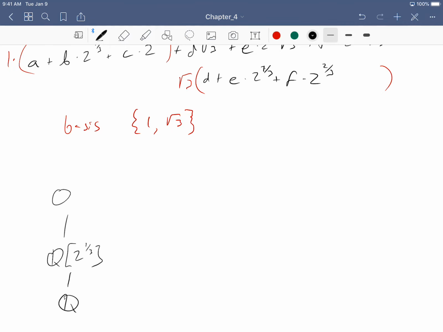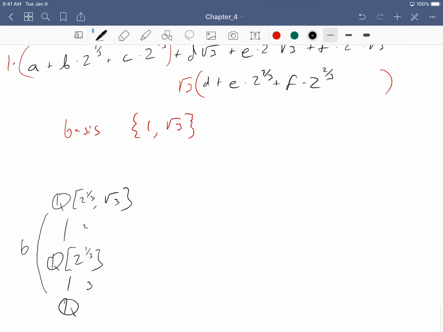And then from there we added in root 3. The degree of Q adjoin 2 to the 1/3 over Q was 3. The degree of Q adjoin 2 to the 1/3, root 3 over Q adjoin 2 to the 1/3 was 2. And so the degree of the top to bottom field extension is the product, which is 6. So that's what the theorem said.